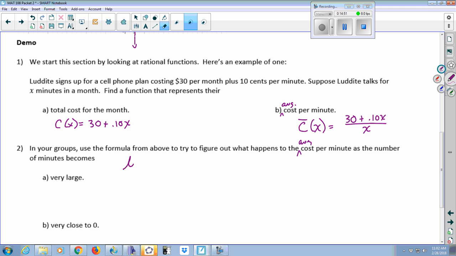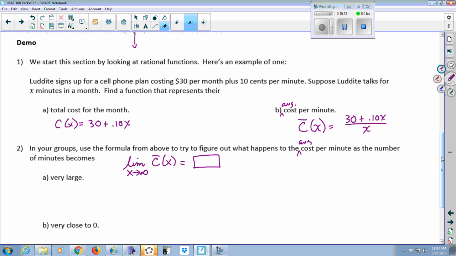We're looking at the limit as the number of minutes gets bigger and bigger. So we write the limit as x goes towards infinity of, what's our function called? C bar of x. Is this approaching a value?